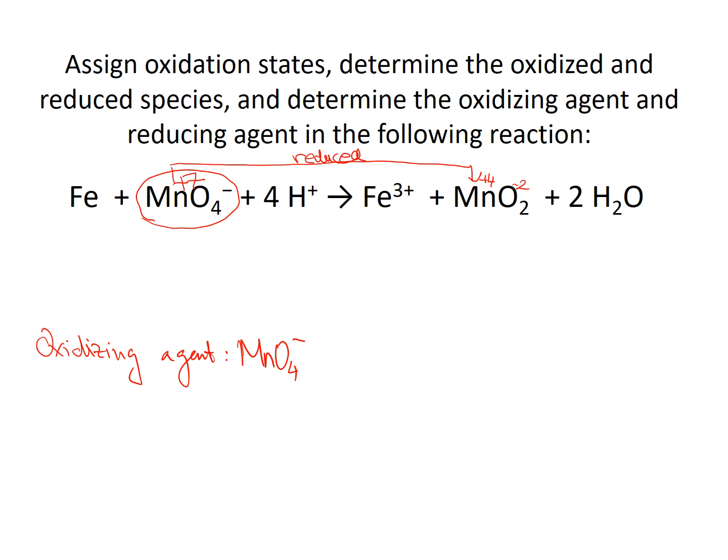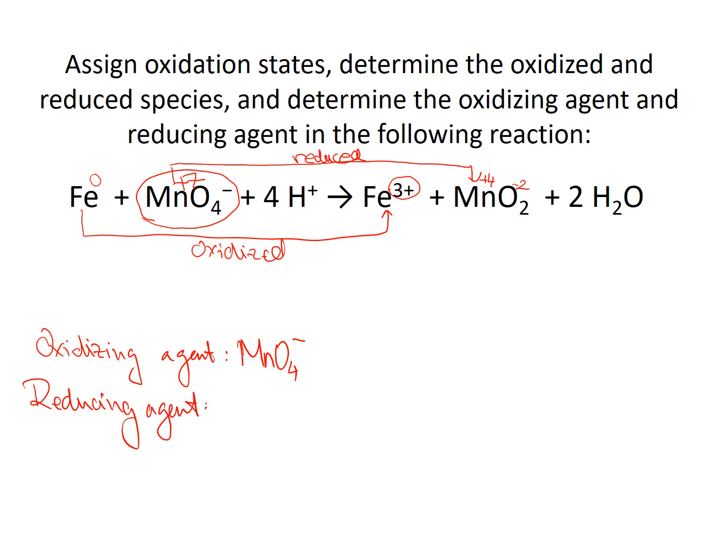Now it's a matter of checking which one got oxidized. Iron starts out in the 0 oxidation state and ends up in the +3. So if it goes from 0 to +3, it got oxidized. And if I were to identify the reducing agent, then whichever reactant got oxidized, that has to be the reducing agent.